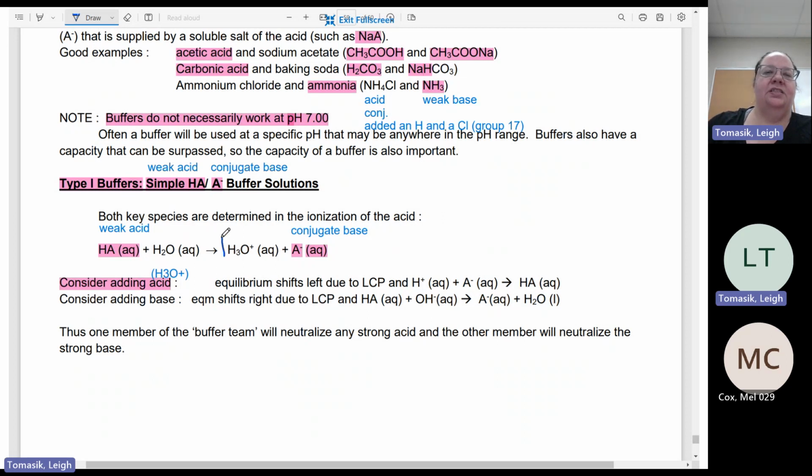If this increases, remember, according to Le Chatelier's principle, LCP, this creates a stress, and the equilibrium will shift to the other side to get rid of some of the H3O plus. So what do we end up making? A weak acid.